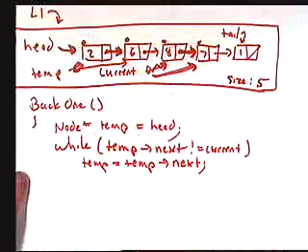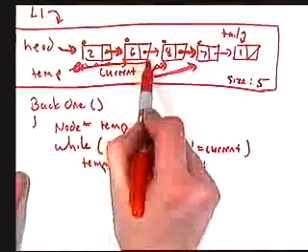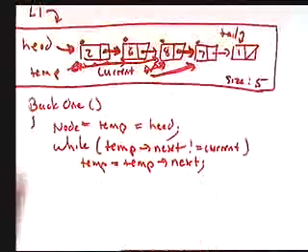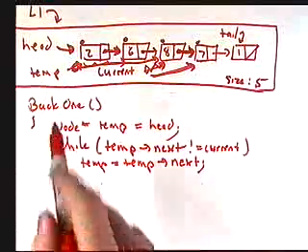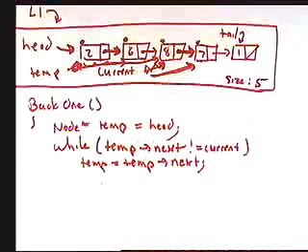Current points to the node containing 7. So again, run temp equals temp arrow next and change temp to point to the node containing 8. Now is temp next equal to current? Yes. Here's temp. The next field is here, and that's the same place current points to. So now I can leave the loop knowing that temp points to the node before current. Because by definition, if temp arrow next equals current, then temp is pointing to the node before current.